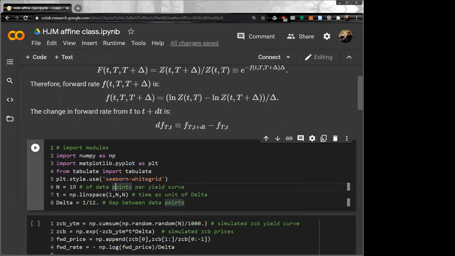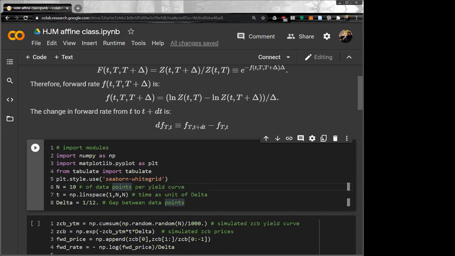It generally makes very pretty graphs. N is 10, so it is the number of data points per yield curve. So suppose we observe 10 spot rates today. If we link the spot rates, that is the yield curve, right? So suppose we have a yield curve that includes 10 spot rates.